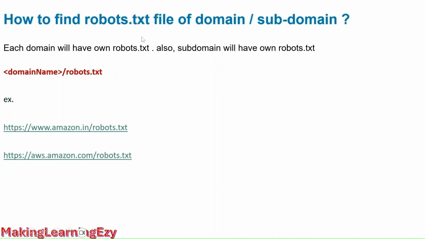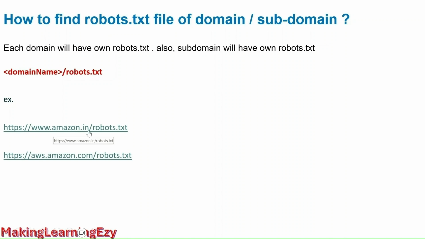Now, how to find the robots.txt of a particular domain or subdomain? Each domain can have its own robots.txt. Even a subdomain can have its own robots.txt. So to find the robots.txt of a particular domain or subdomain, you just need to type the domain name followed by /robots.txt.